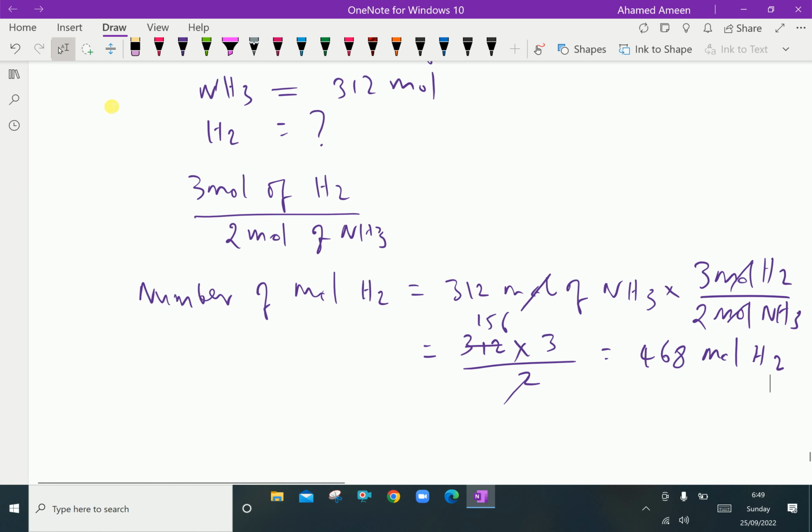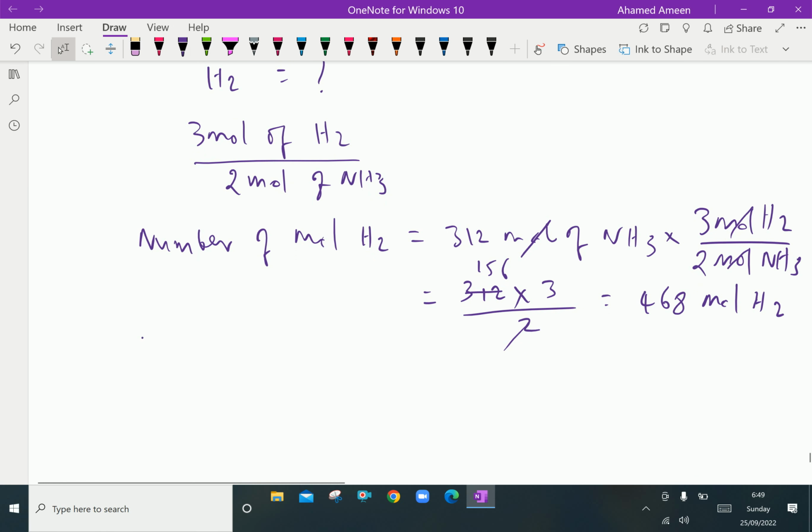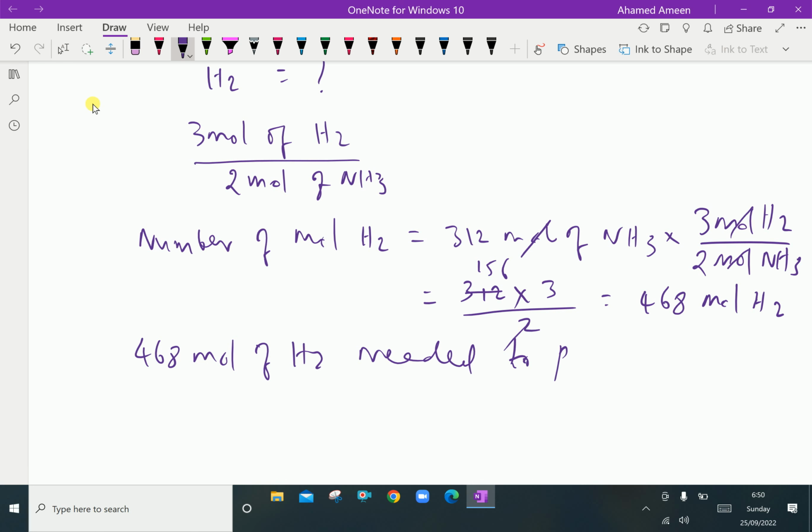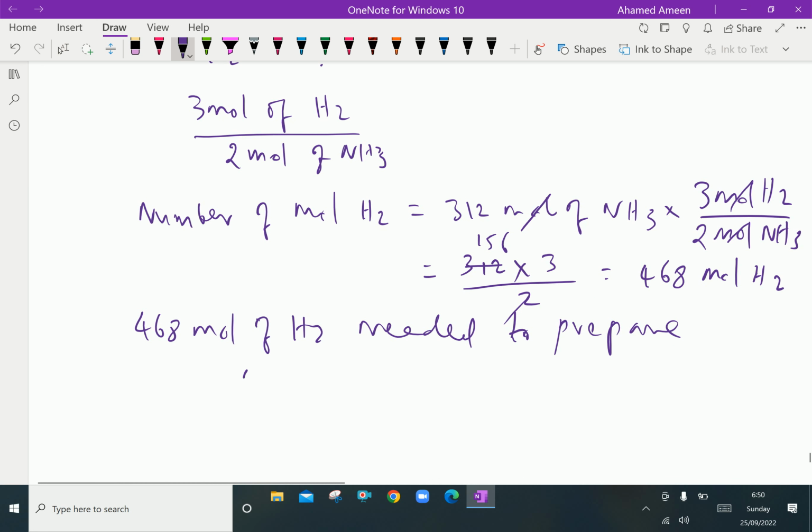That means 468 moles of hydrogen are needed to prepare ammonia.